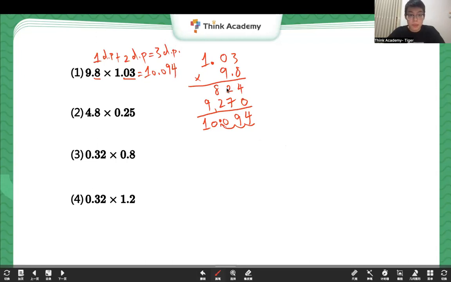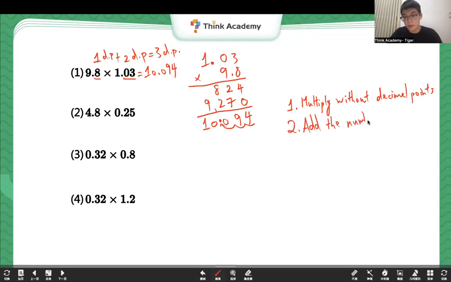Yeah, that's right. So basically, in the multiplication of decimals, the first step is just to multiply without decimal points. The second step is to add the number of decimal places.